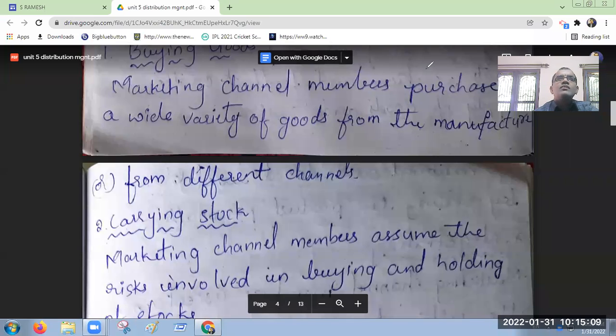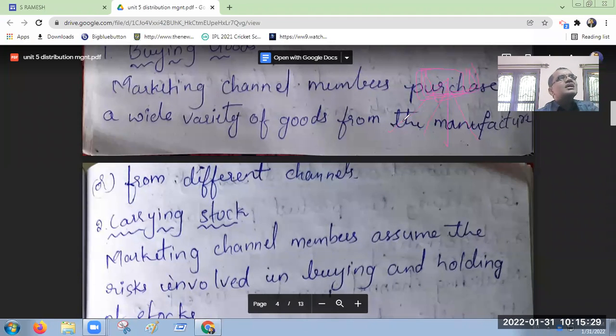See, the manufacturer, what will he do, he will produce different varieties of goods, and channels of distribution, what they will do, they will acquire all the different varieties of goods.